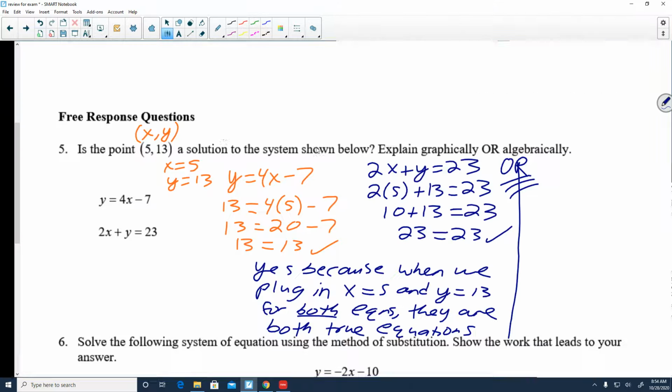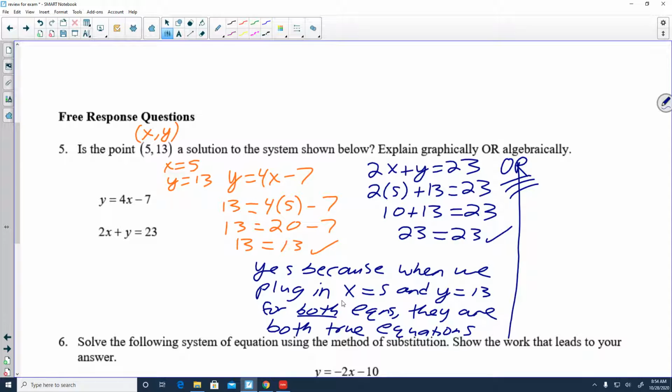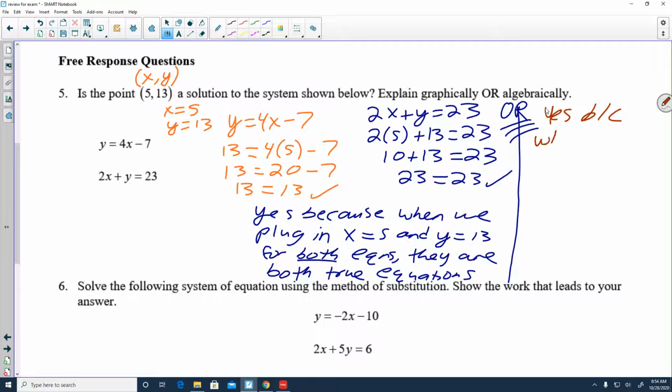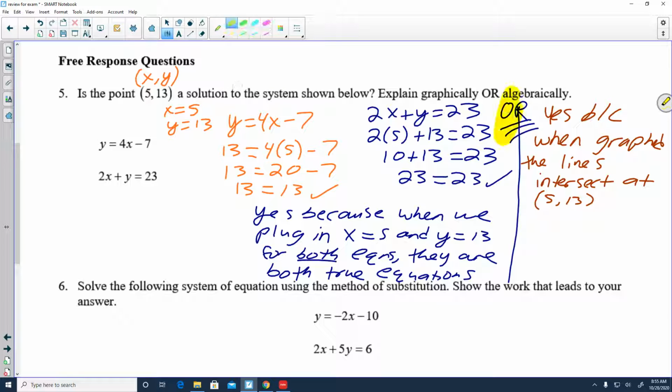So you can write all of this, or you could write yes, because when graphed, the lines intercept at 5, 13. So you do not need to write both. Okay? Write one or the other.